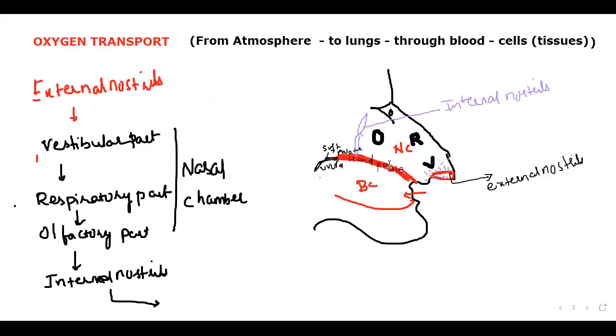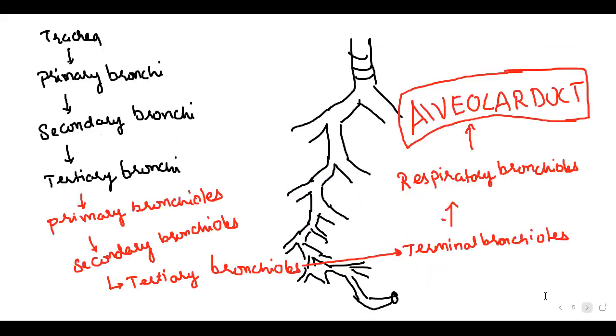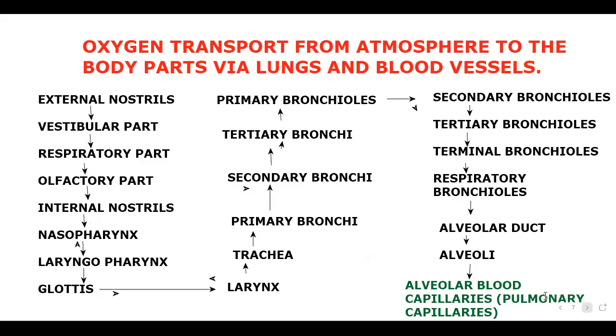Then I explained brief information from nostrils to the nasal chamber to the pharynx. Then the sequence continued, trachea, along with the visuals. The written part is shown here. Then we made the sequence of the notes here. Okay, oxygen transport sequence. So till here any doubts?